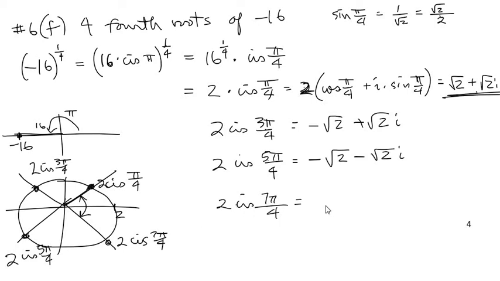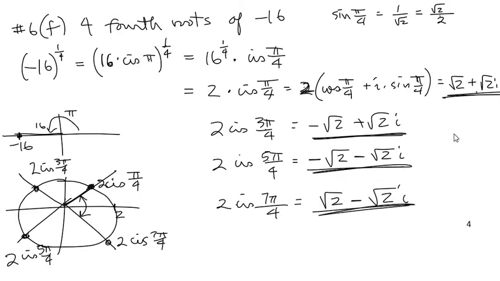The cosine's positive, so that'll be positive root 2 for the cosine, but the sine is negative. So here are the 4 fourth roots of negative 16, right? There's 1, 2, 3, 4 of them.